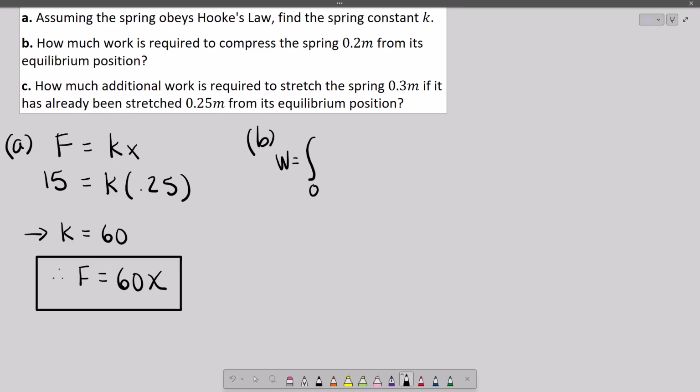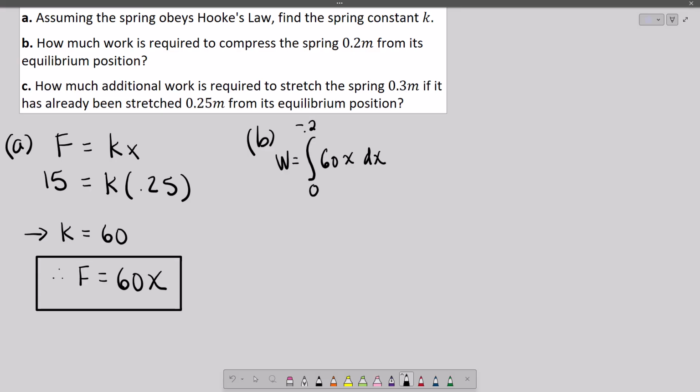So what should the upper limit of integration be? Negative 0.2. When we imagine our spring in equilibrium position, 0 is the right end, and if we're going to compress it, we're moving in the negative direction. So we're going to go to negative 0.2 meters. We're going to integrate our function. That'll be the work done to compress it.